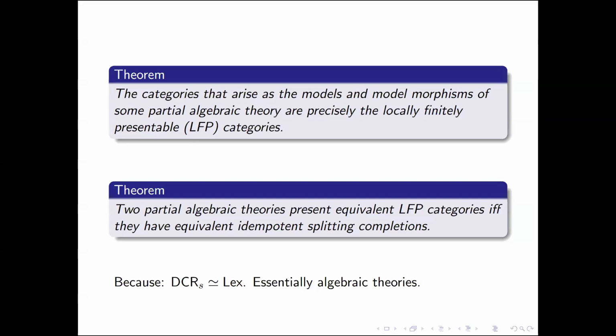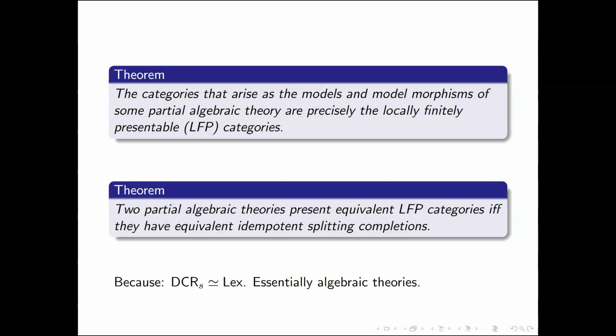So if I take these partial theories, the discrete Cartesian restriction categories, DCR down here, their structure preserving functors and the monoidal lax transformations organize themselves into a strict 2-category. If I restrict to the sub 2-category of that on the 0-cells with split idempotence, then that's strict 2-equivalent to Lex, the category of small categories with finite limits, their functors and natural transformations.